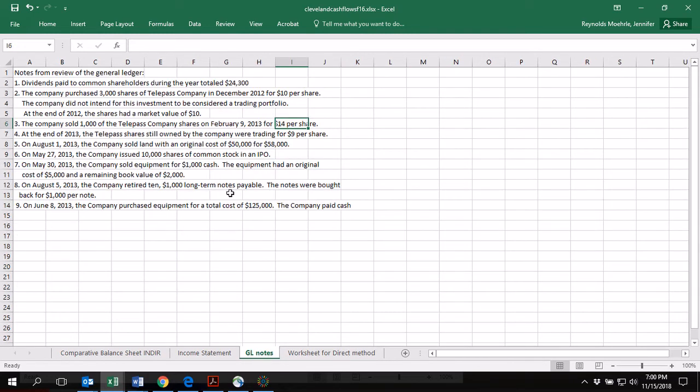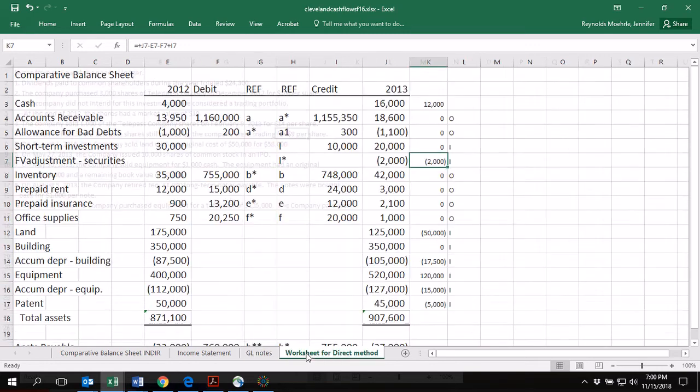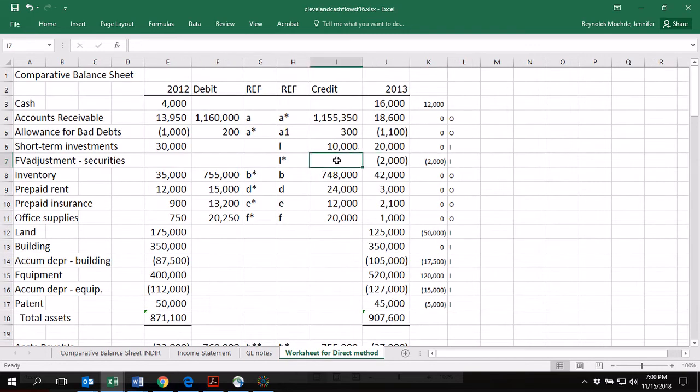So if I look in the general ledger detail, I would find that fair value adjustment account. There would be an entry, and looking back into the entry, what I would find is that at the end of 2013, the shares still owned were trading for $9 a share. They were purchased for $10 a share, and now they're at $9 a share. So that tells us there has been a loss. So that's the credit that occurred in the fair value adjustment account.